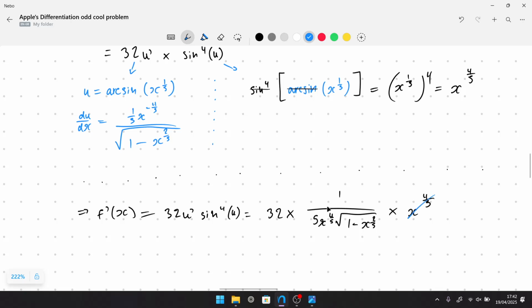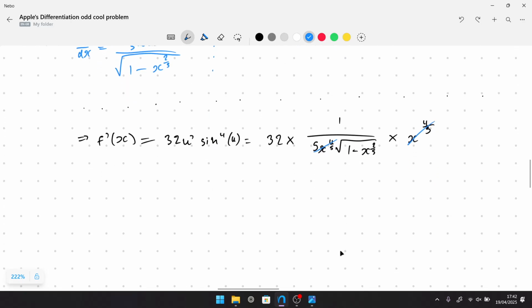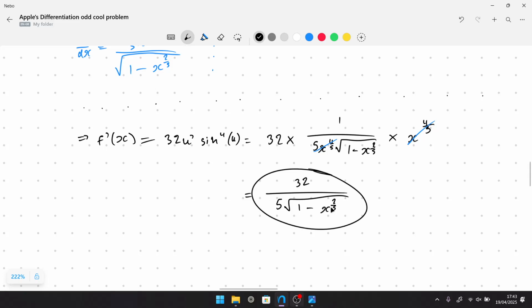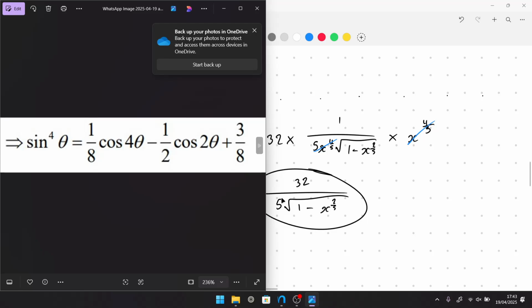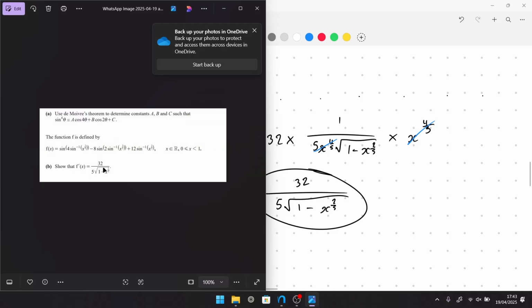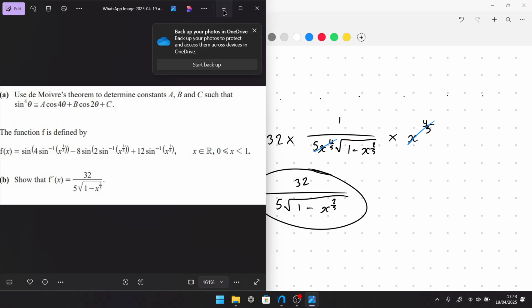That cancels very nicely. And then from here, we still have the 5 on the bottom, so we're left with 32 over 5 square root of 1 minus x to the 2 over 5, which I believe is what they're asking for. I'm not entirely sure, but yeah, that's what they're asking for.